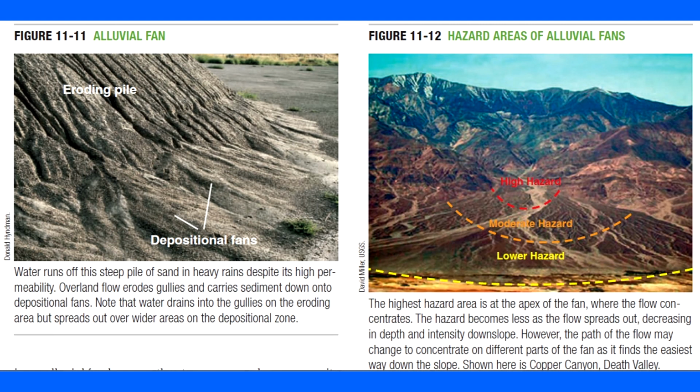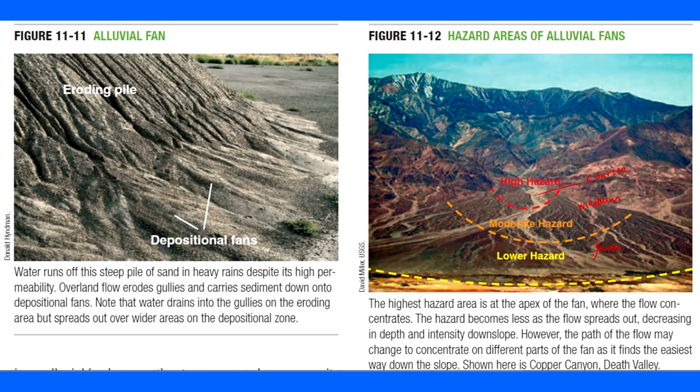Okay. So, the area close to this will be of high hazard, in the middle part it will be moderate hazard, and lower hazard as you move away from the fan. Okay. The reason here is that you will have the coarser deposits here, and as you move, this will be medium in size and this will be finer.